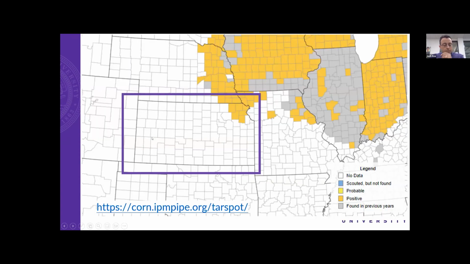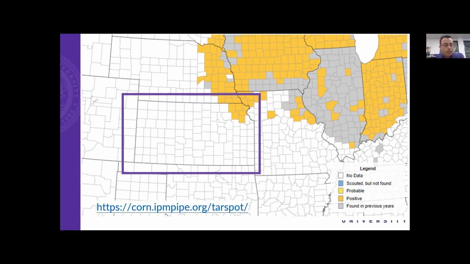When we look into Kansas, I have here this website, the Corn IPM Pipe. This is a really good tool if you're out there trying to keep track of tar spot. Has it been reported in my county? Where has it been reported? If you go to this website, you can follow the updates throughout the season.